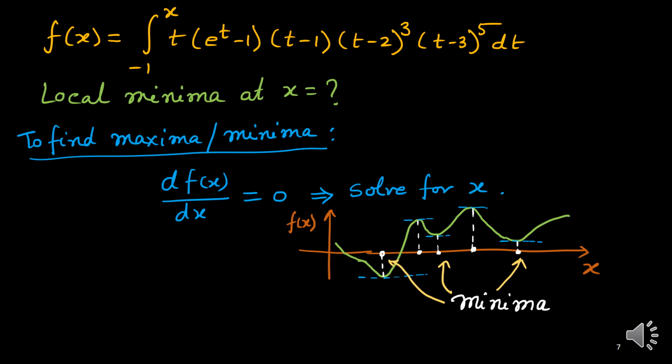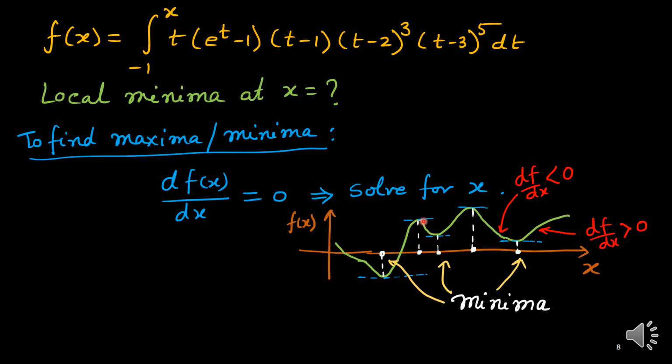So around this point, on the left hand side, you will find the derivative will be negative. That implies that function is decreasing first, and then it will attain a minima point. After that, it will start rising, so you will find derivative is positive. So this is the basic idea that we will follow.